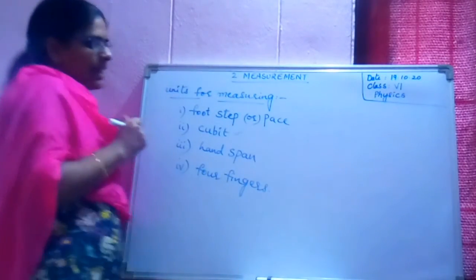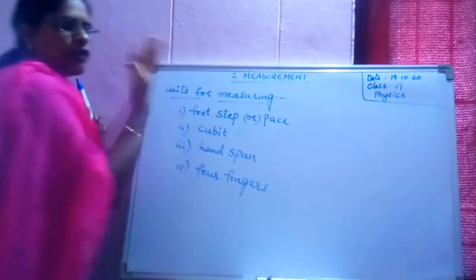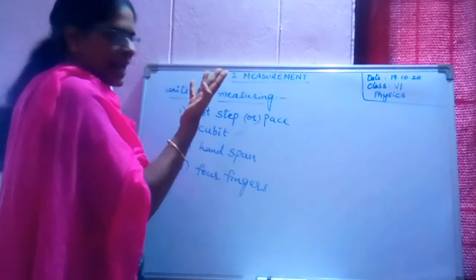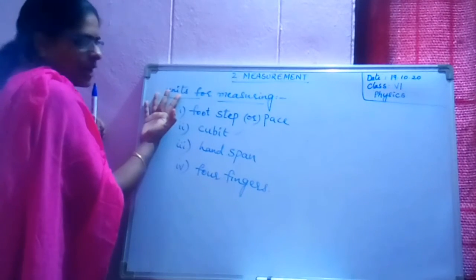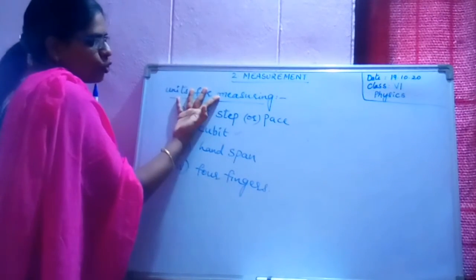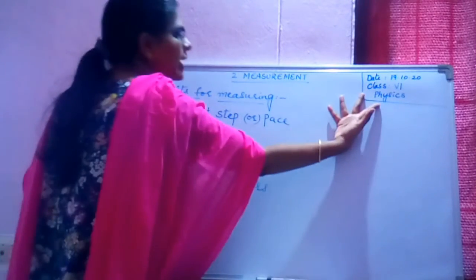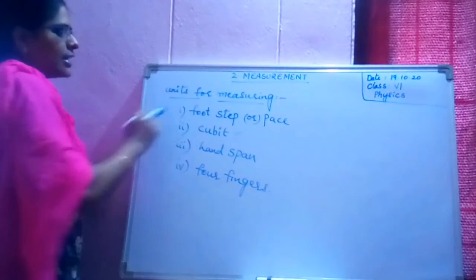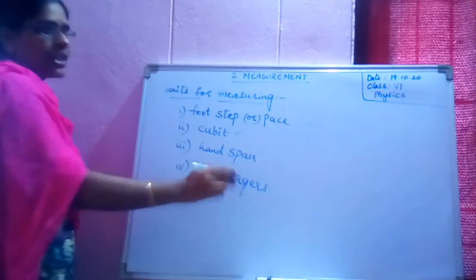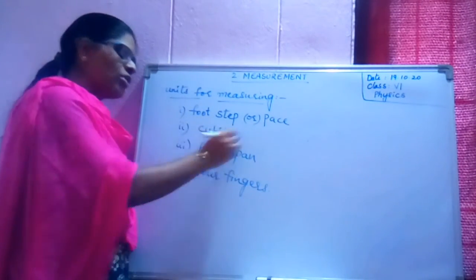Next, 4 fingers. The 4 fingers of our hand, you keep like this. This is 1. Again 2, 3, 4, 5, 6. Like this we measure. These are the units used in our olden days. Cubit is used today also.